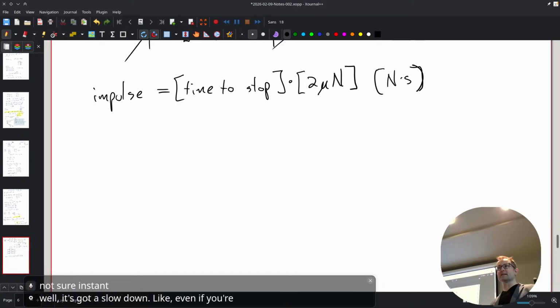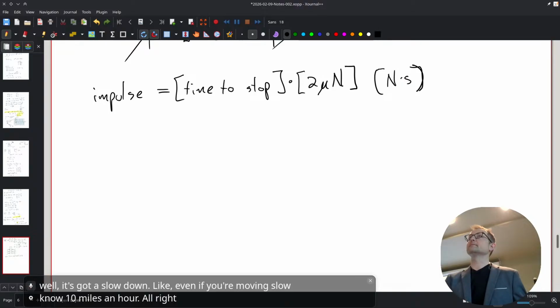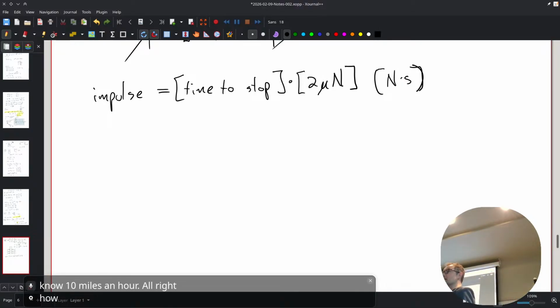Even if you're moving slow, say 10 miles an hour, how quickly can we stop? One or two seconds. Stopping time.